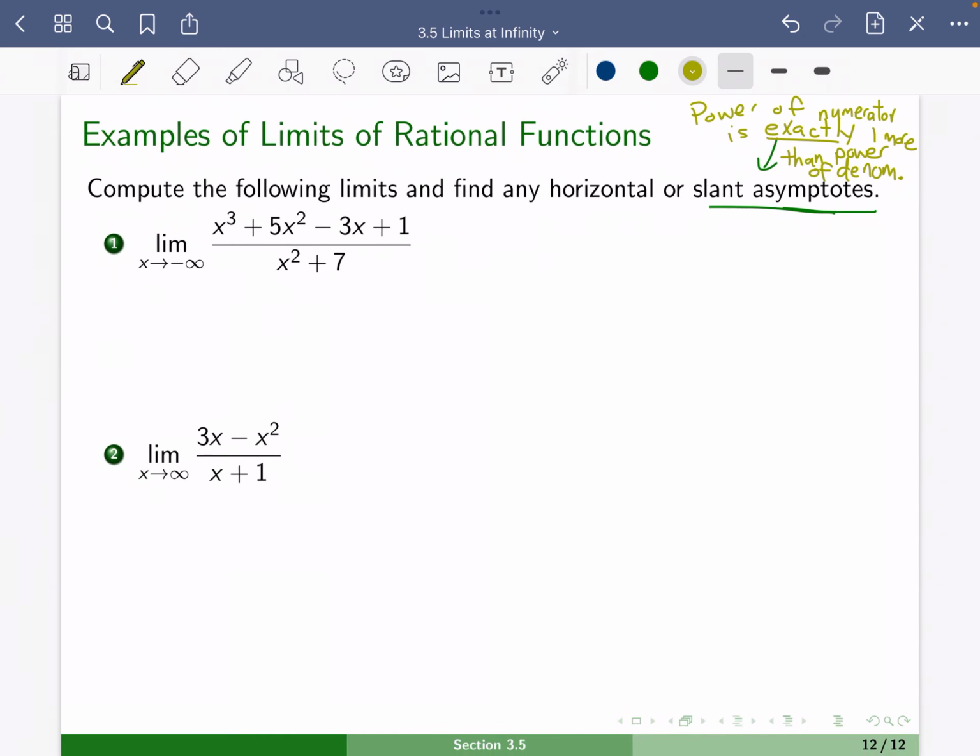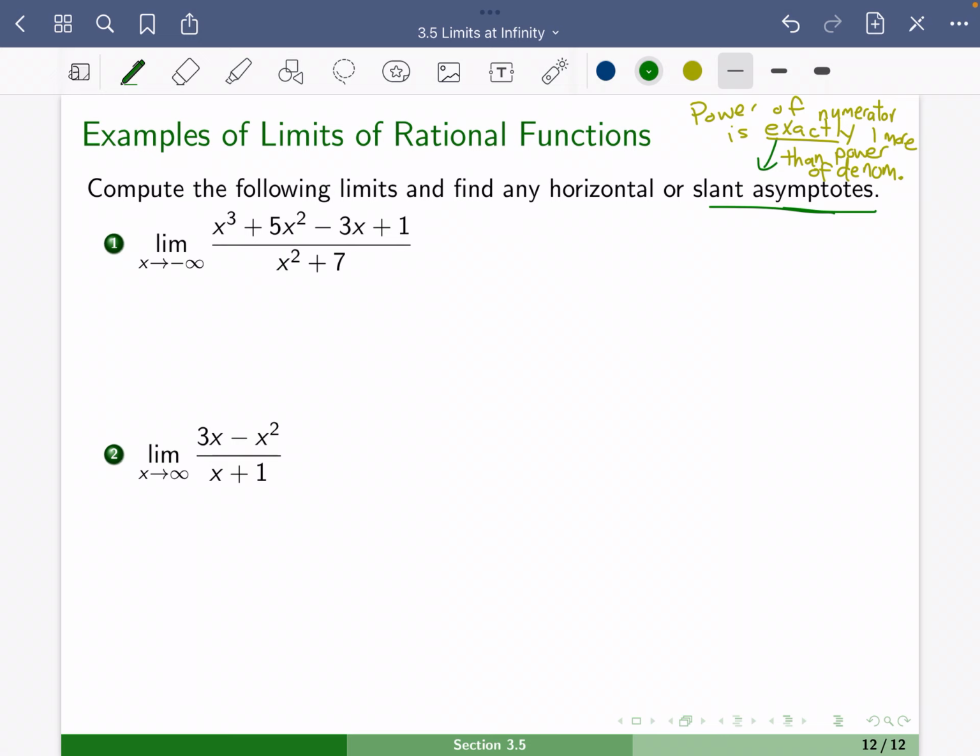So, if the power on the top is exactly 1 more than the power on bottom, then we will have a slant asymptote. And we previously talked about when we have horizontal asymptotes, those will occur if your limit as you approach positive or negative infinity is equal to some number.